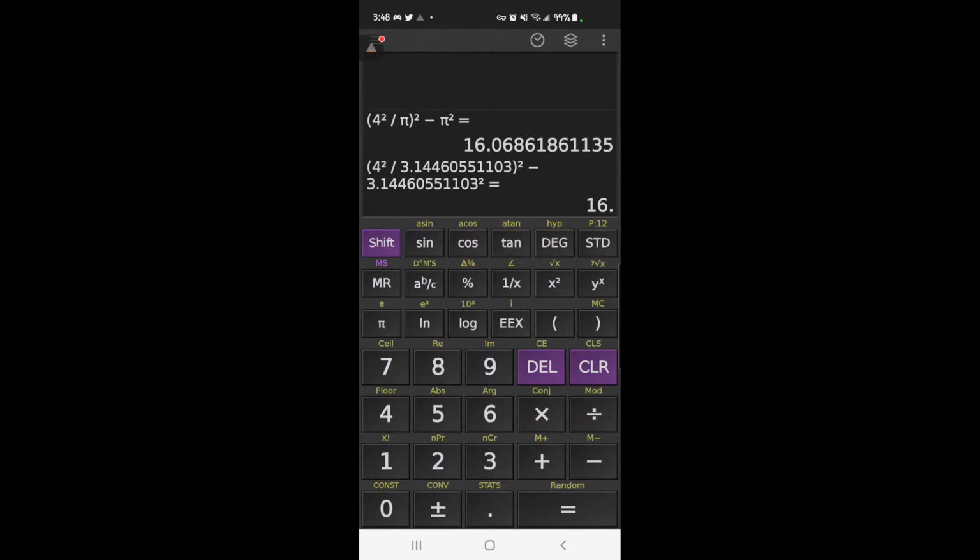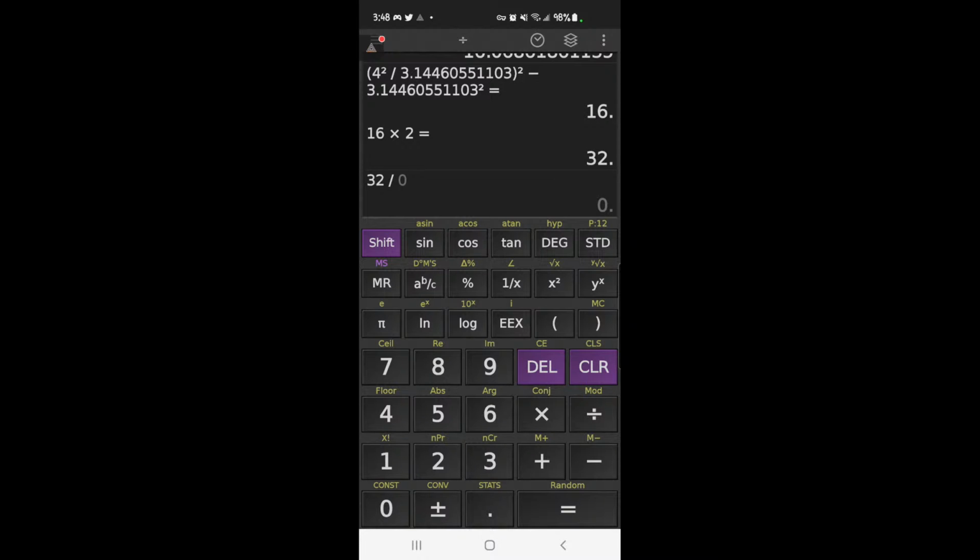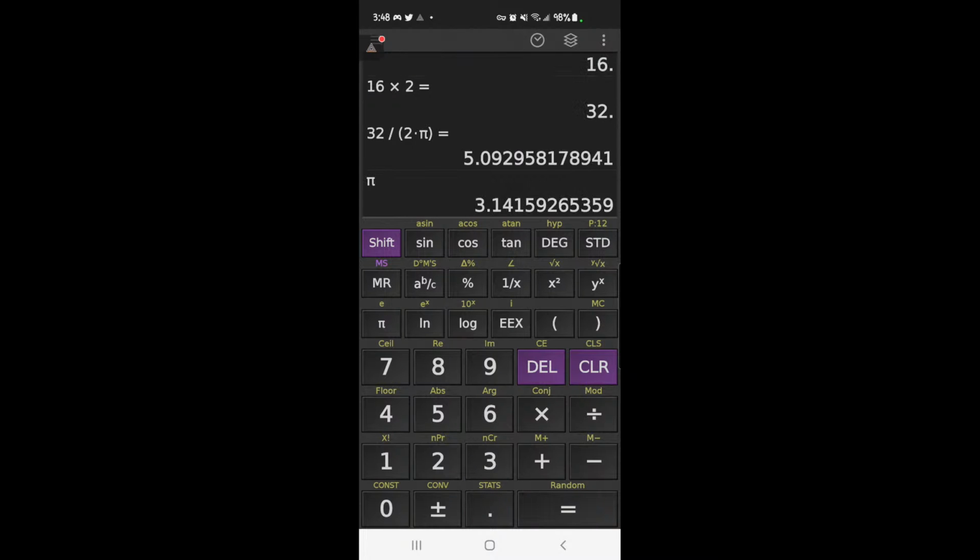16. If I do multiplied by 2, 16 divided, so 32 divided by, let's say 2 pi, gives us that here. And so if I do pi multiplied by this, normally it should give us 16.